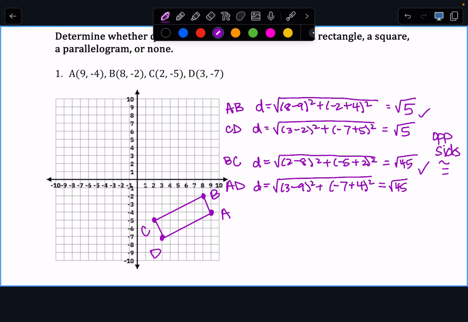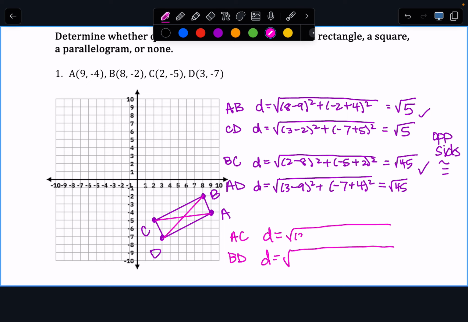All right, so now let's talk about our diagonals, AC and BD. If we want this to be a rectangle, we are hoping that these are the same. That's a lot of distance, which is why you get to make a decision eventually.